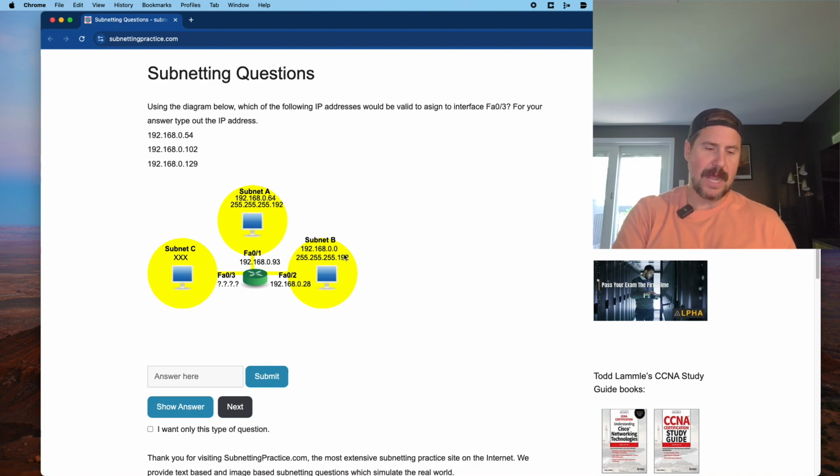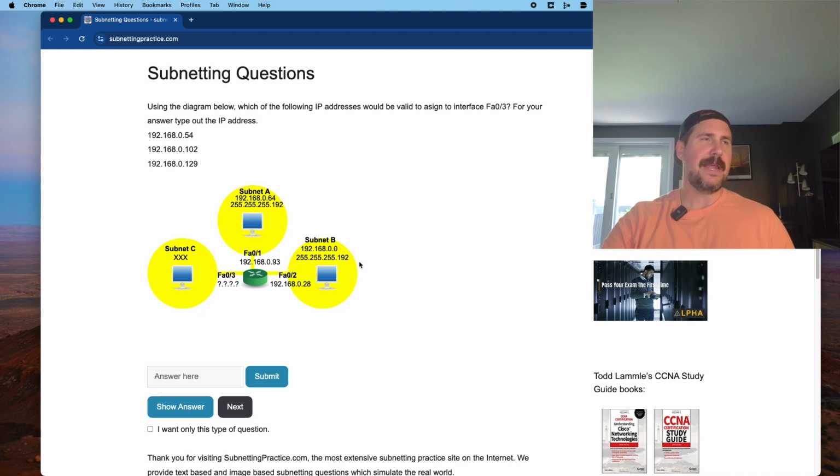And if we plot 192 on our little thing here, we see that we're doing block sizes of 64. So subnet B goes from 192.168.0.0 to 192.168.0.63. We gave the IP address here to FA02, an IP address that falls in that range somewhere from 0 to 64.